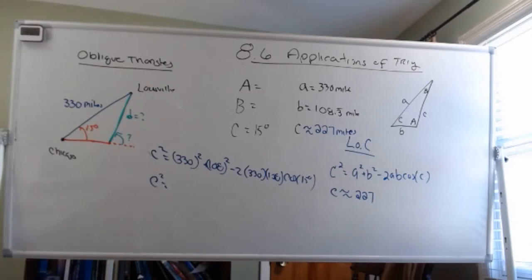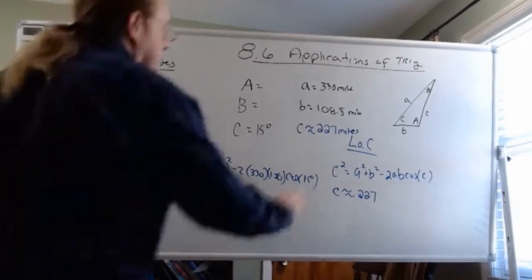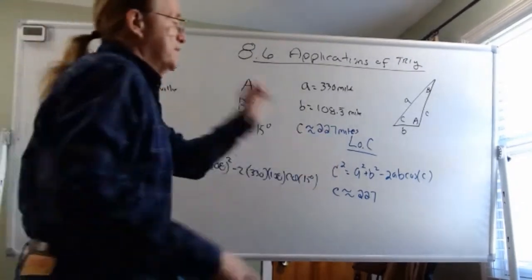But on a test, let me tell you, I want you to show your work. So where are we back here? Okay, so on the test, make sure you show your work. I got 227 either way.